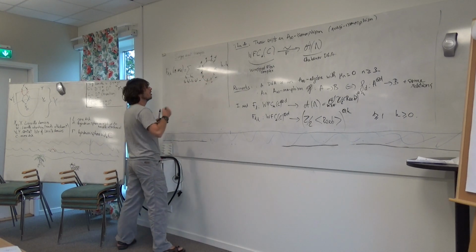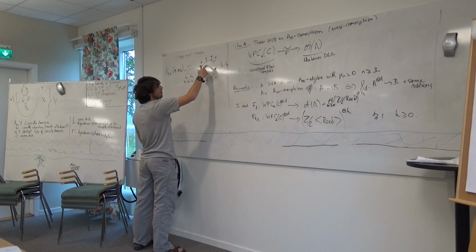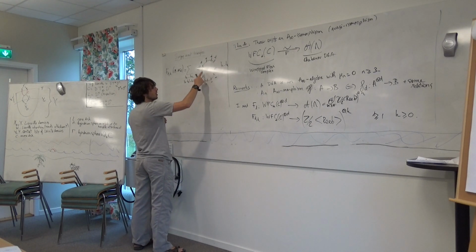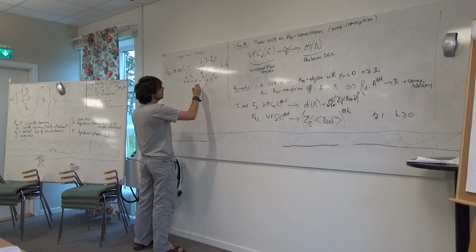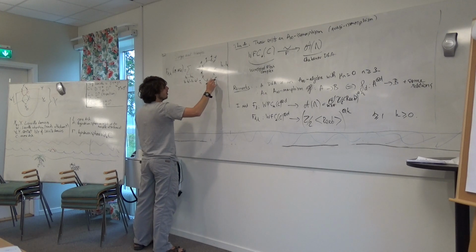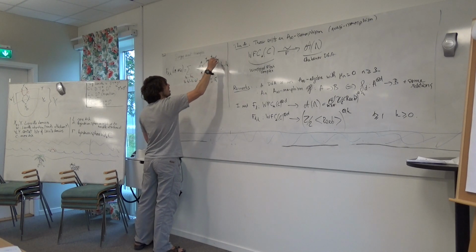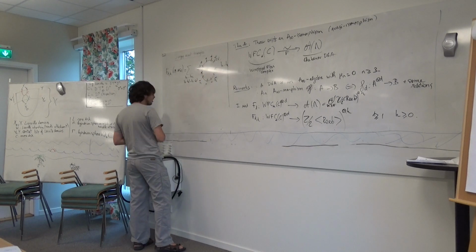And so there are D and three points, two marked points, two special marked points, and K, and there are boundary conditions.